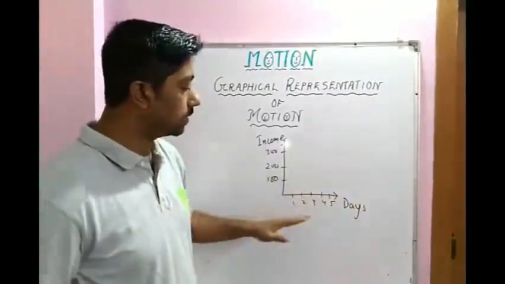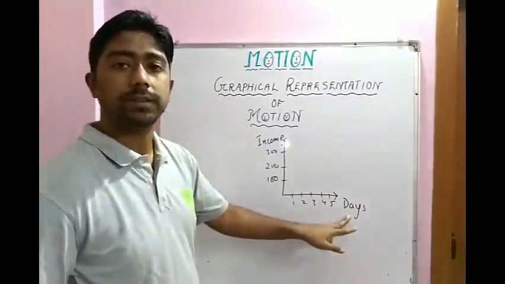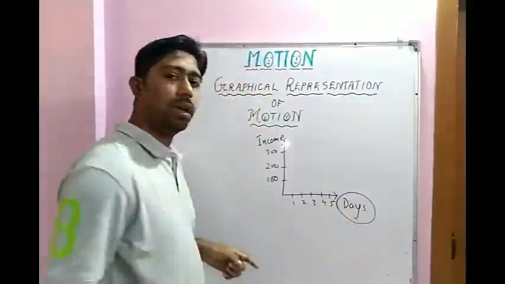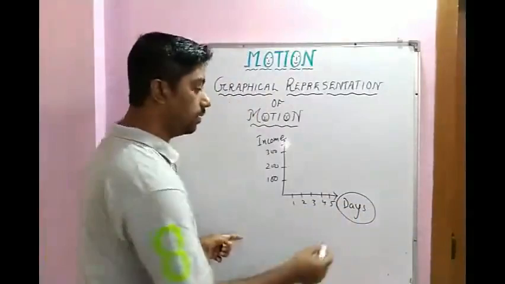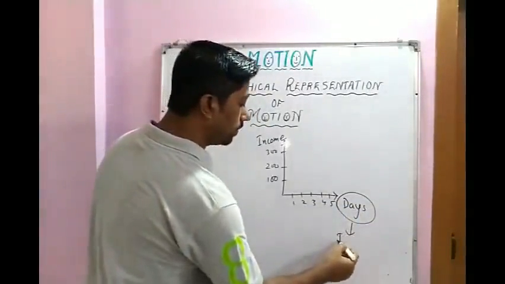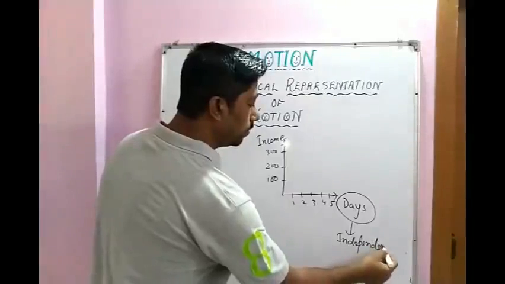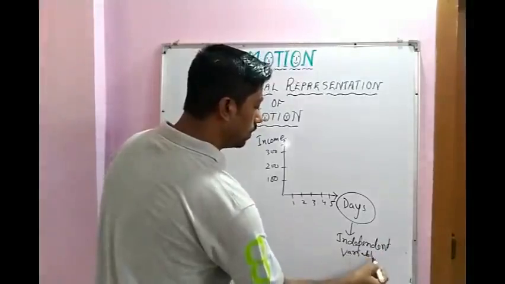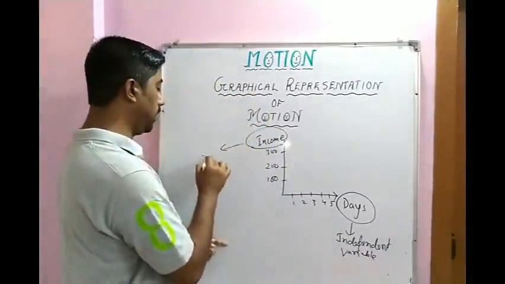This axis contains the label days. This is basically the independent variable that we plot on the x-axis. And on this side we plot the dependent variable.